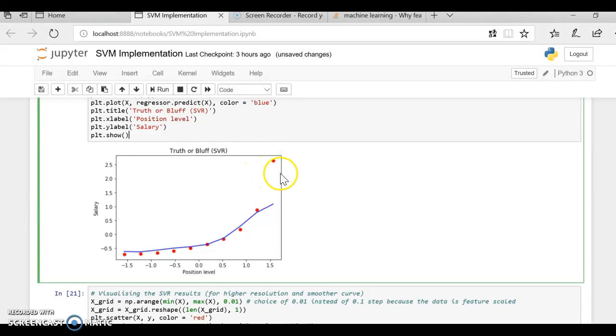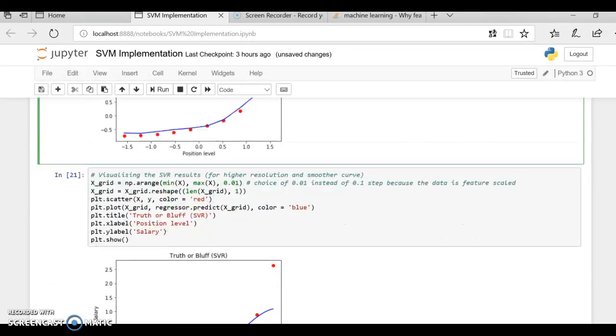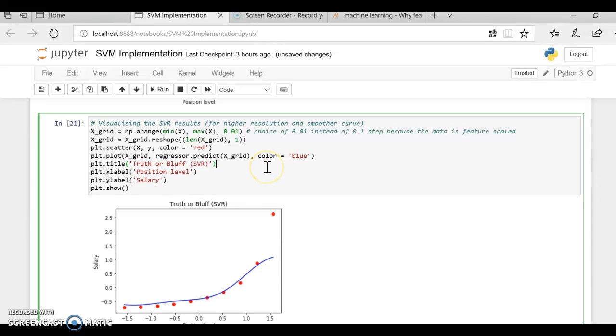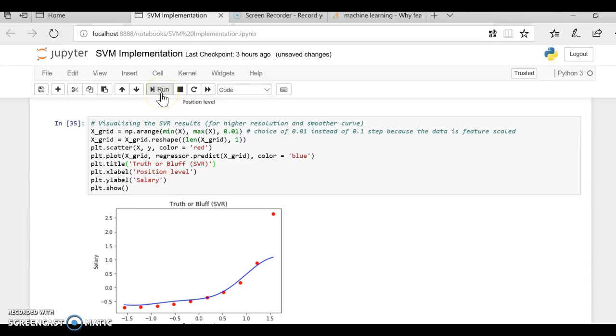We may see one outlier here, but that is for the CEO salary, which is acceptable. On the other side, we can see whether a given salary is truth or bluff on either side of the SVR model. This is another plot where we are just trying to plot the same.